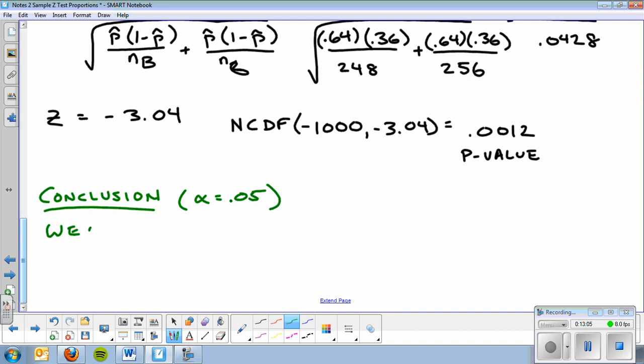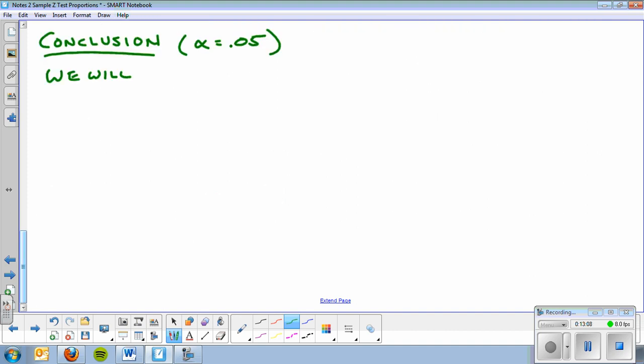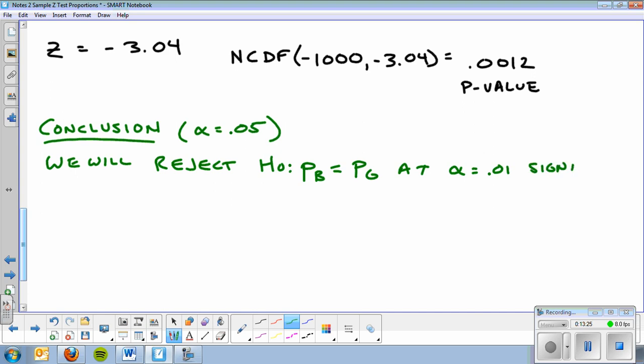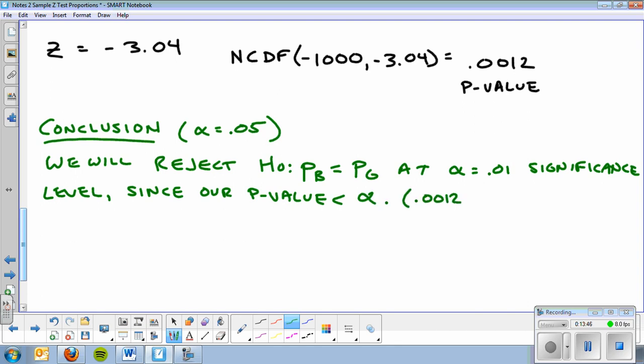Okay, we will reject the null hypothesis PB equals PG at alpha equals 0.05 significance level, since our p-value is less than alpha. So again, that's 0.0012 less than 0.05.